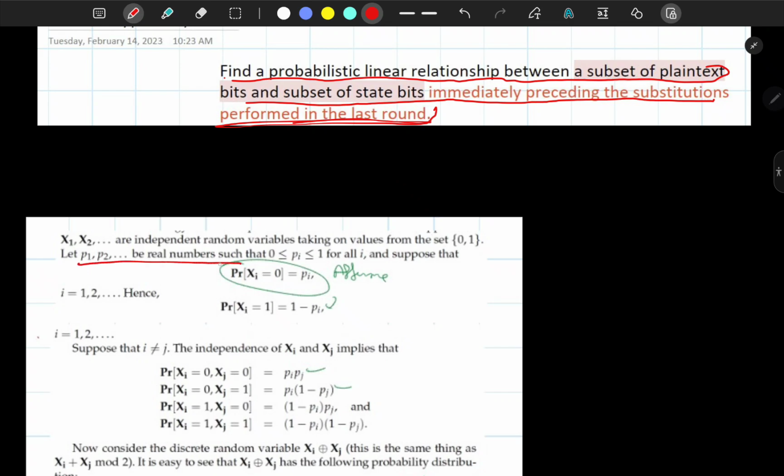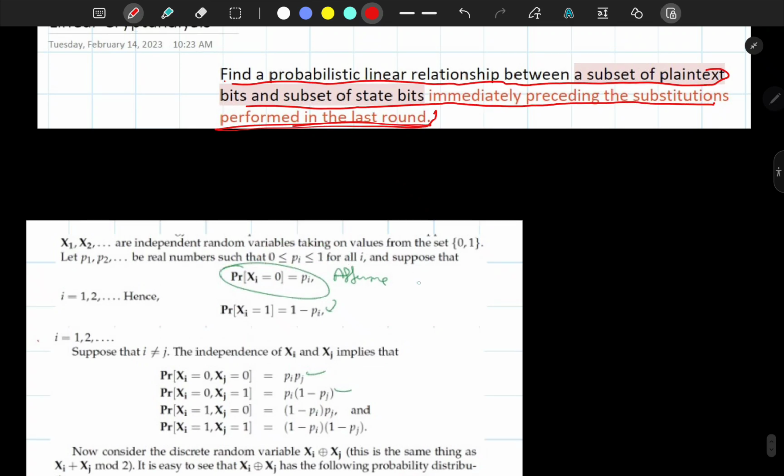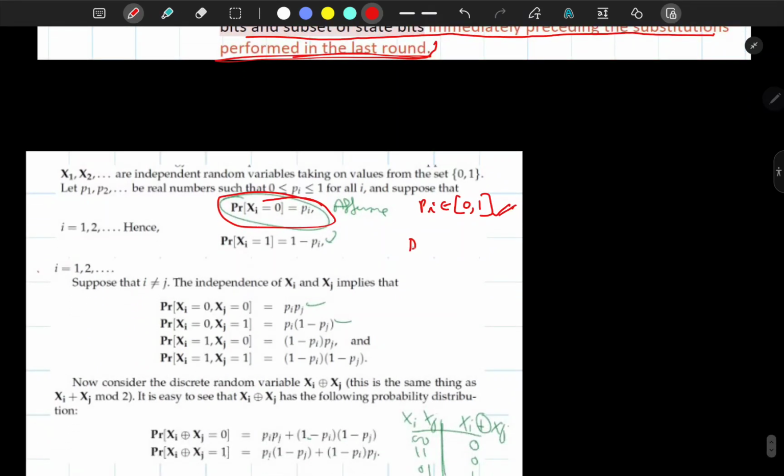Okay, let p1, p2, p3 be real numbers such that their value is always between 0 and 1. Okay, pi belongs to the closed interval [0, 1]. Now this is our definition. First we will define some things. Whenever we define something, you should not ask questions, just blindly accept it and follow it.